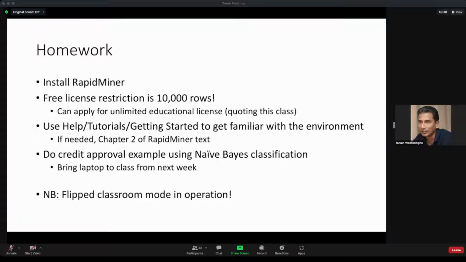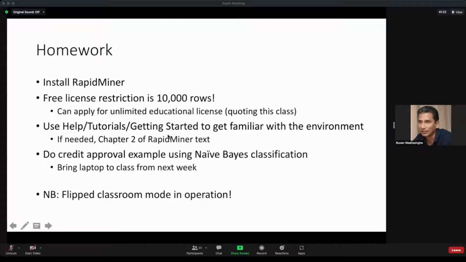If you have already used Weka, you know what this is, a graphical tool, but it's obviously much more powerful in terms of business analytics. There's a free license that is restricted to 10,000 rows, and obviously we are not going to use anything more for this, but you can apply for an unlimited education license by quoting my class. I don't know if it works yet. It used to work in past years, but I have not been very active on that.